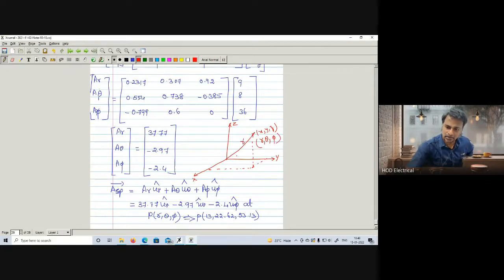This is r, this angle will be theta, and this angle will be phi. So phi is 53.13, theta is 22.62, and the distance is 13. This way we can represent a point in the spherical coordinate system directly from the Cartesian coordinate system.